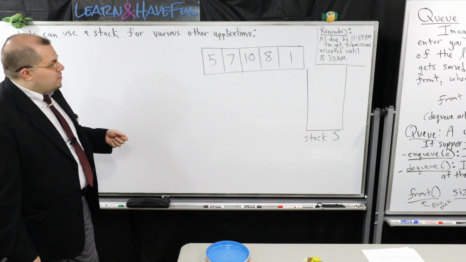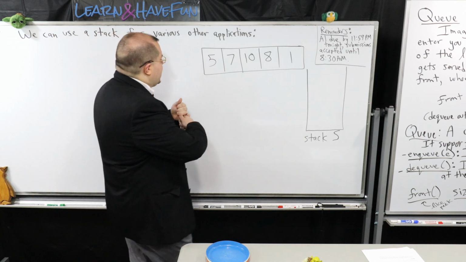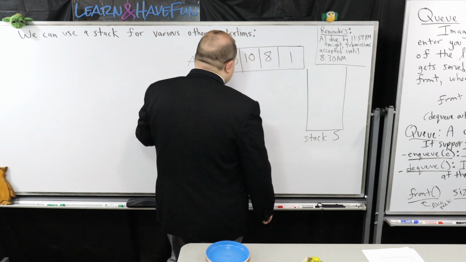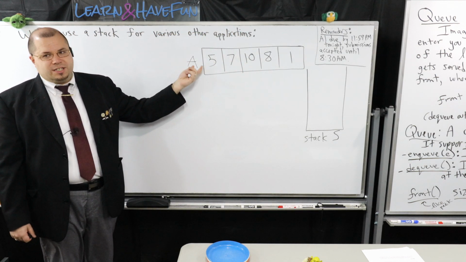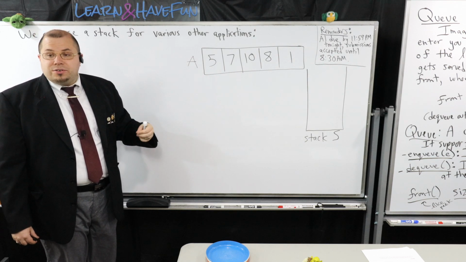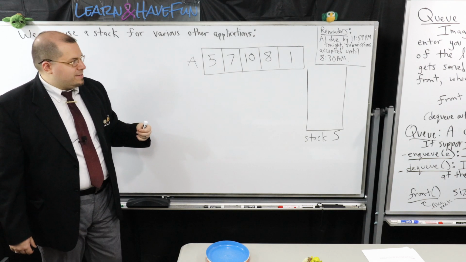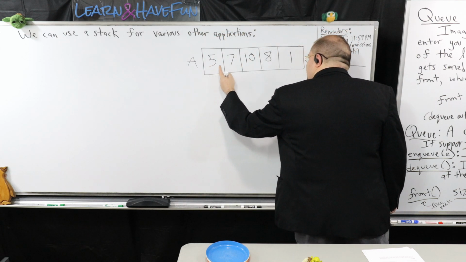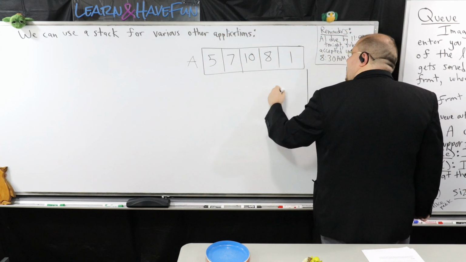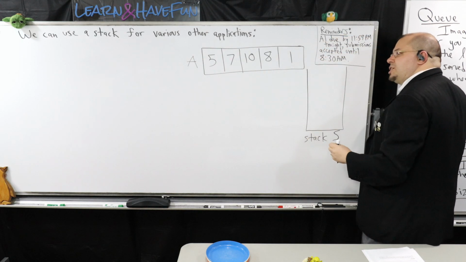Suppose I give you an array A, and I wanted to reverse this array. What I could do is use a stack to achieve this. I could scan through this array from left to right and use a push operation on the stack.